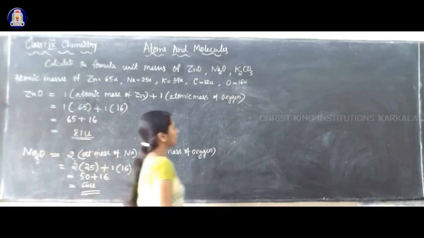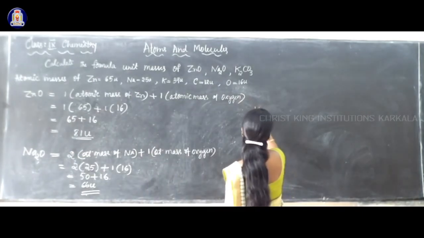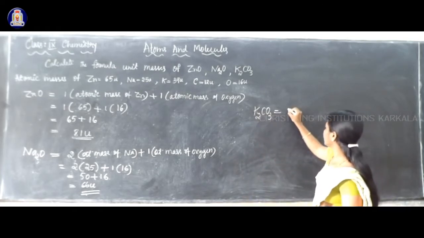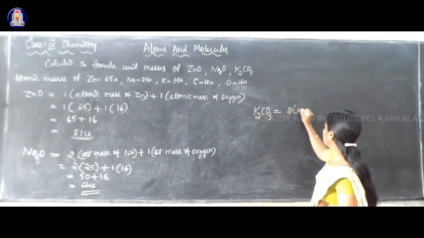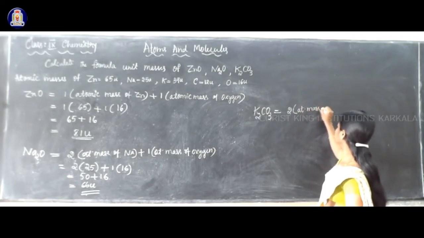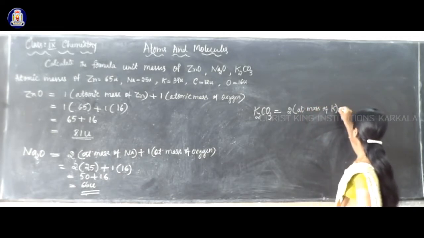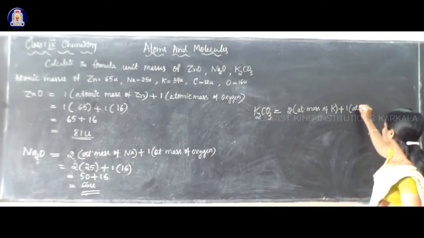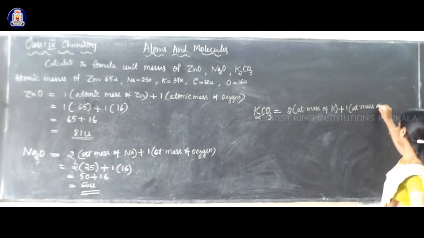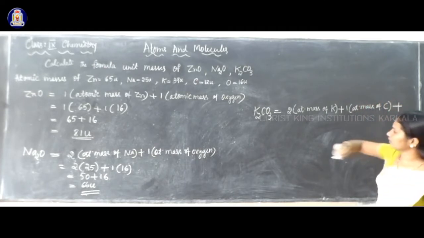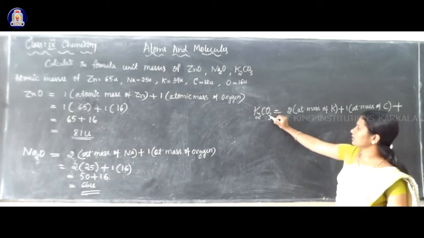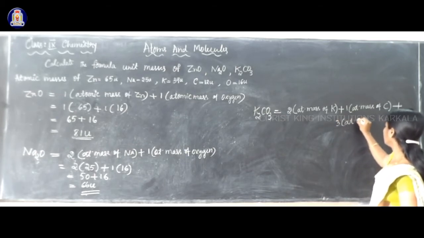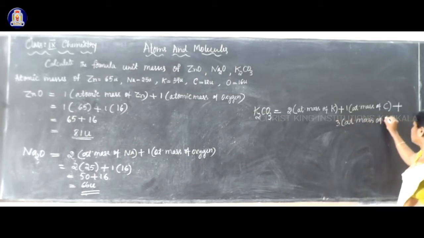Now we will move to the third one, that is K2CO3, which is 2 into atomic mass of potassium, plus 1 into atomic mass of carbon, plus 3 atoms of oxygen, that is 3 into atomic mass of oxygen.